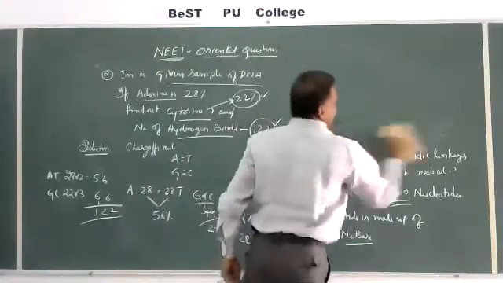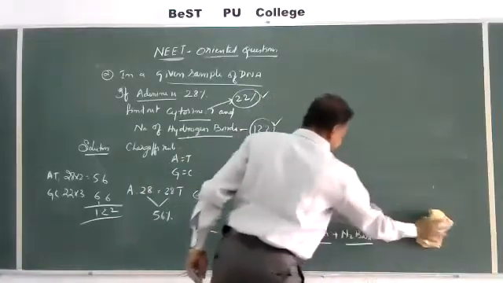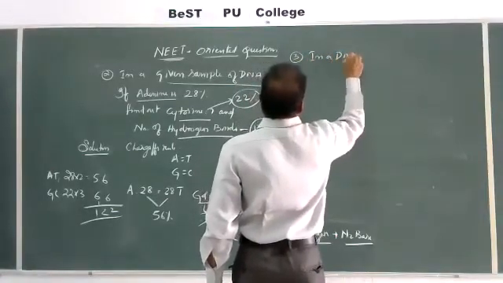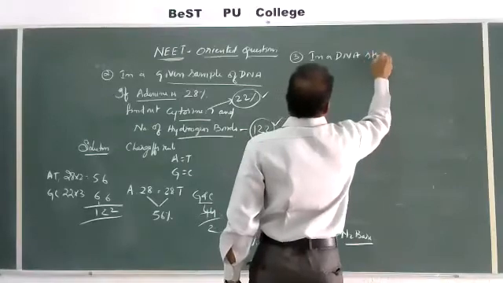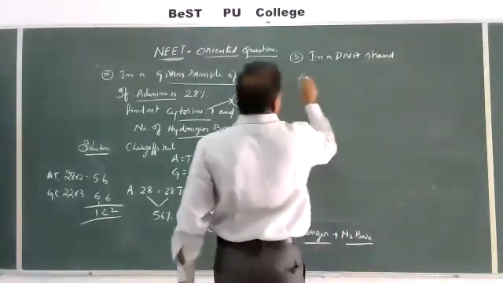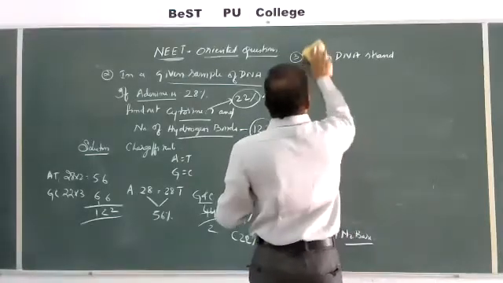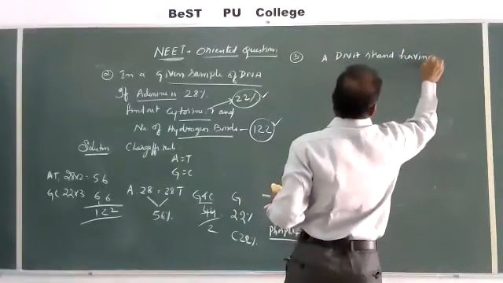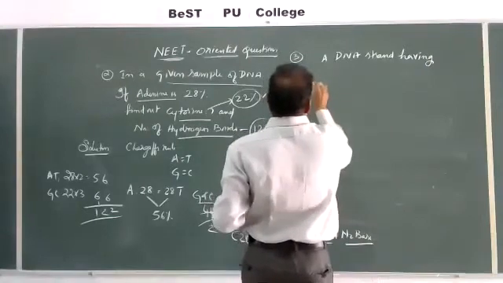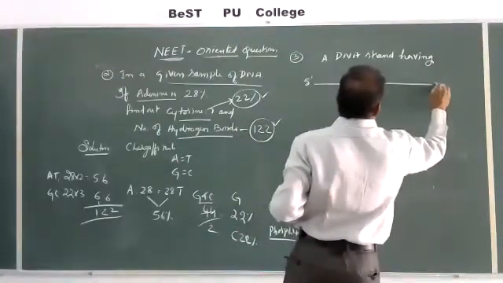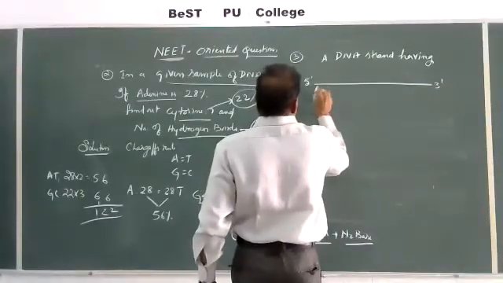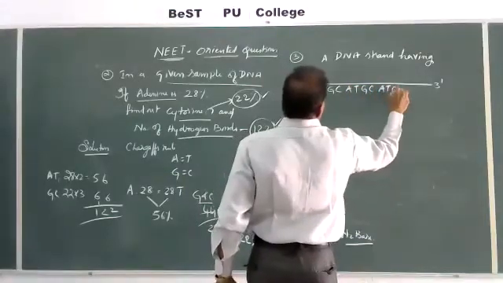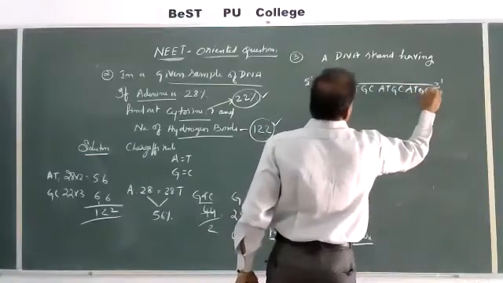In the following DNA strand, a DNA strand having ATGC, ATGC, ATGC, ATGC.